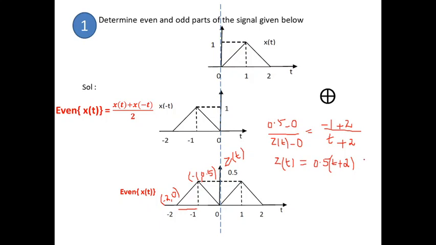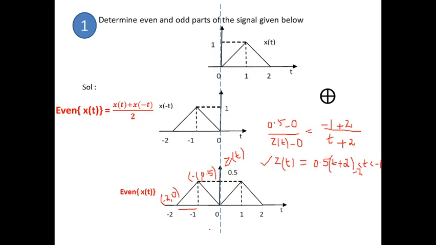For what value? t greater than minus 2 and lesser than minus 1. So you have found an expression for the even part of t, which is equal to 0.5 into t plus 2 for t greater than minus 2 and lesser than minus 1.